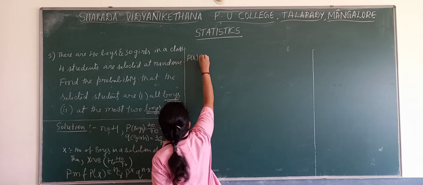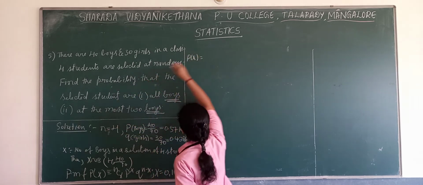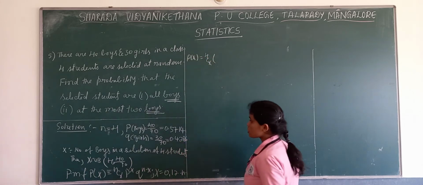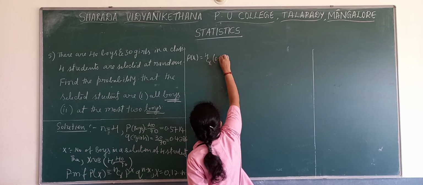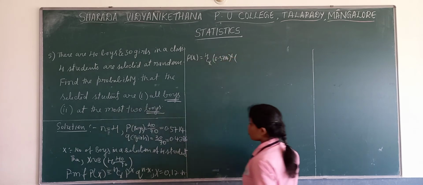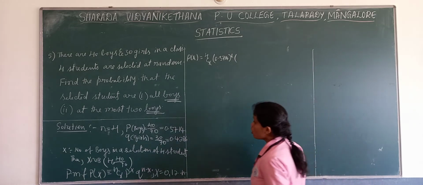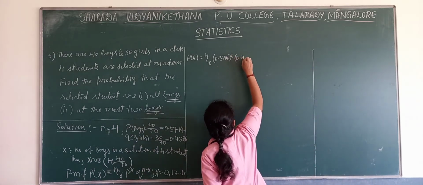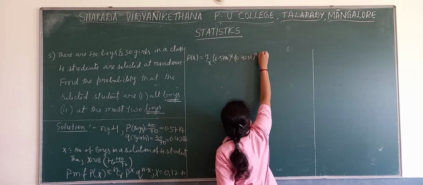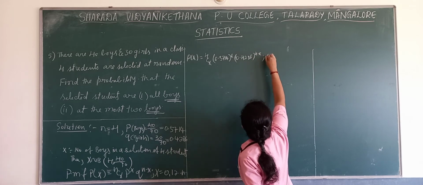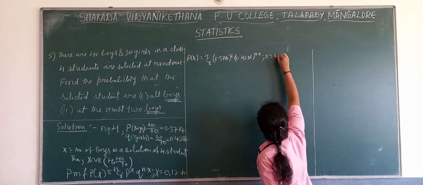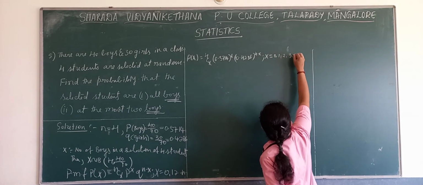P of x is equal to 4Cx into p, the value of p is 0.5714 to the power x, and value of q is 0.4286 to the power n minus x. N is 4, so 4 minus x. And here x, what is the value of n? N is 4. So x is 0, 1, 2, 3, 4.